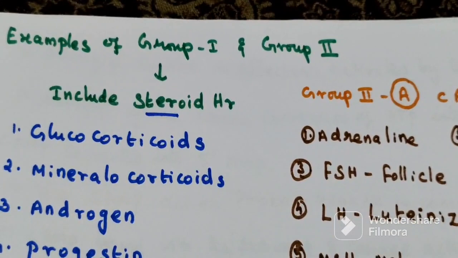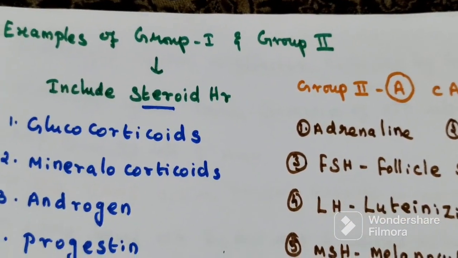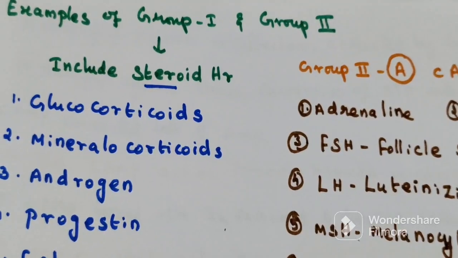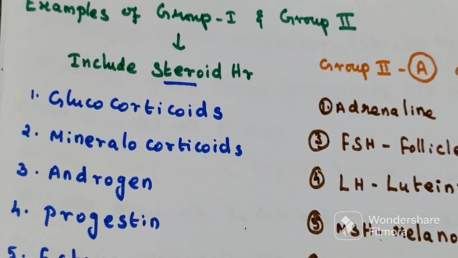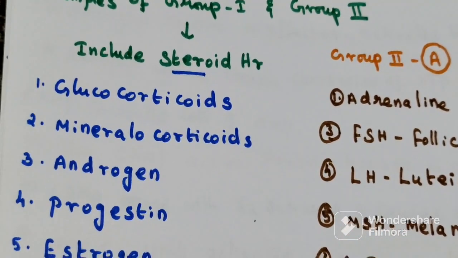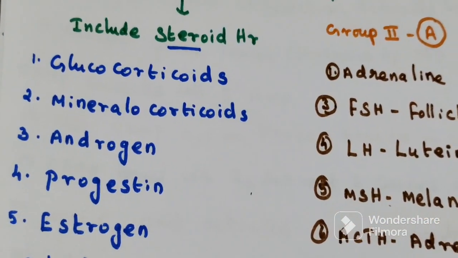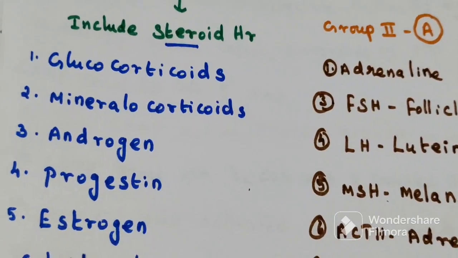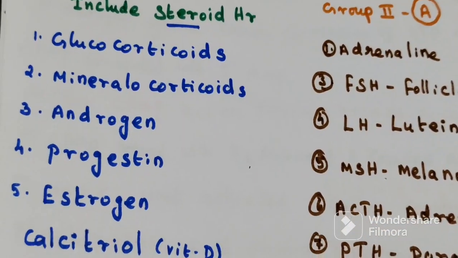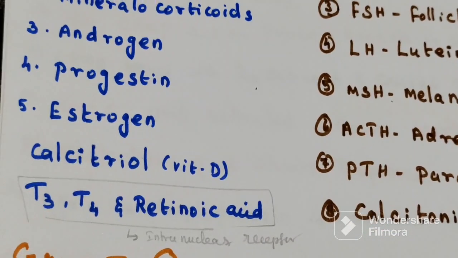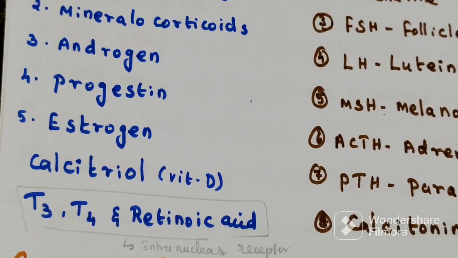Coming to examples of group 1 and group 2 hormones. Group 1 hormones include steroid hormones: glucocorticoid, mineralocorticoid, androgen, progestin, estrogen, calcitriol, then thyroid hormone T3, T4 and retinoic acid.